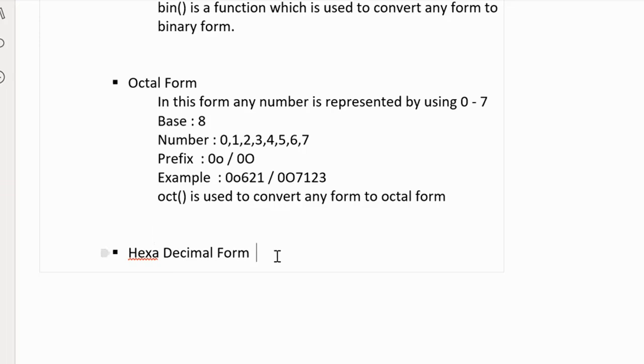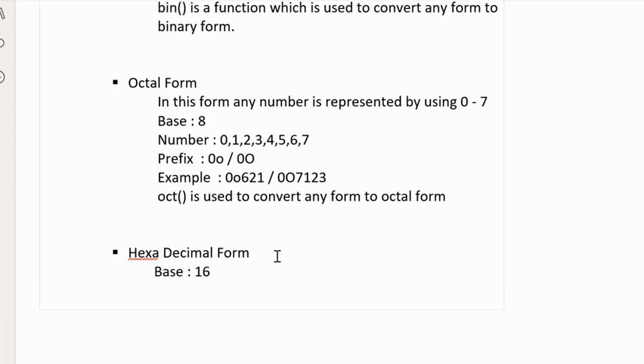Now there is something called the hexadecimal form. In this form, the base of the hexadecimal form is 16.